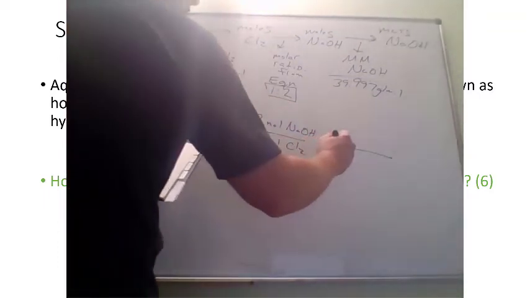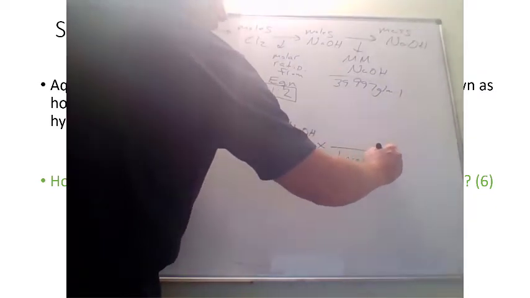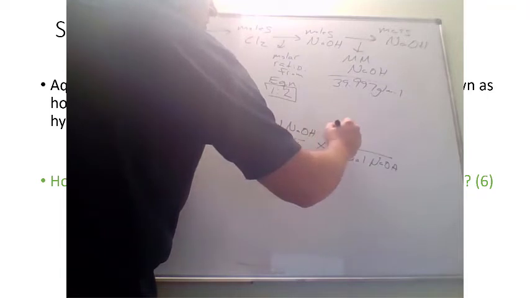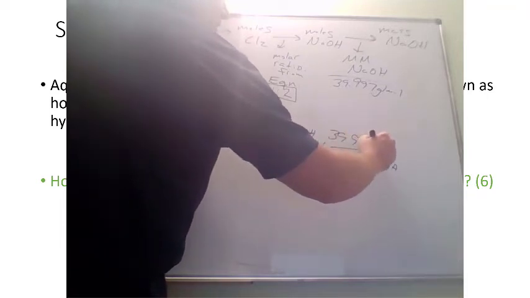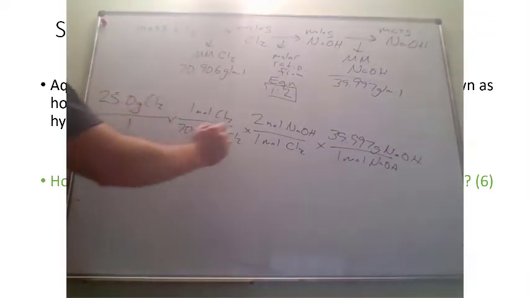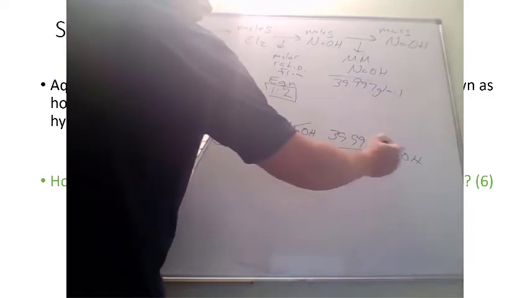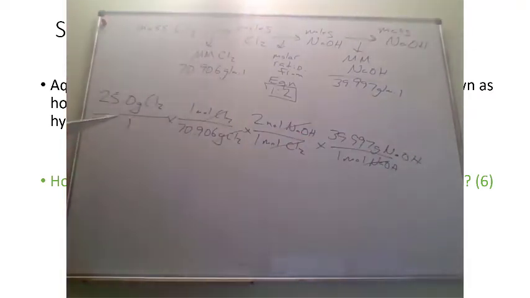for our final answer. So we can say that for every 1 mole of NaOH, there is 39.997 grams of NaOH. And so we can see here, grams of Cl2 cancel, moles of Cl2 cancel, moles of NaOH cancel, and then we're left with grams of NaOH.